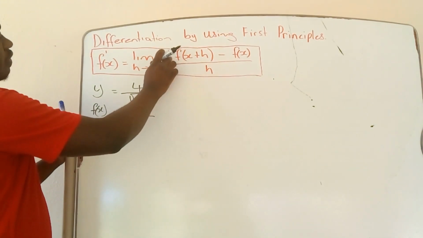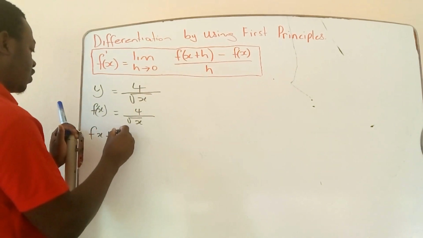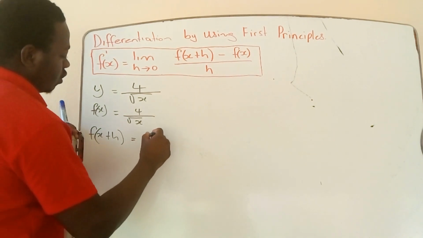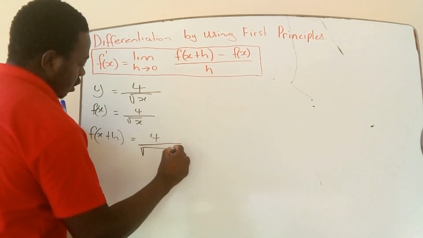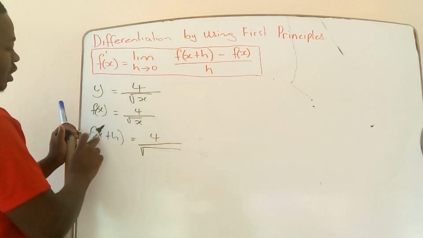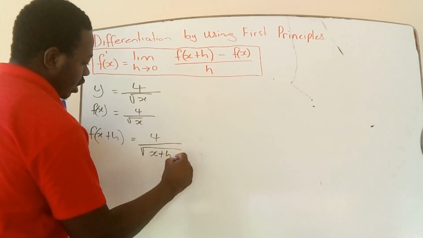We also need f of x plus h. So f of x plus h is equal to 4 over the root. Anywhere you see x, replace it with x plus h. So this is just x plus h.